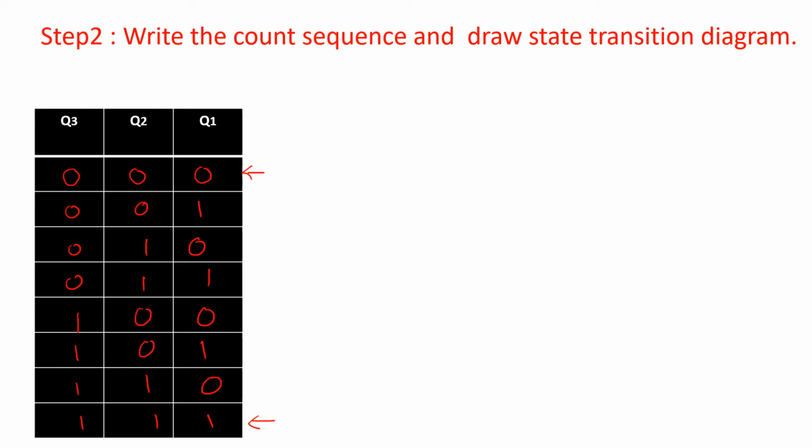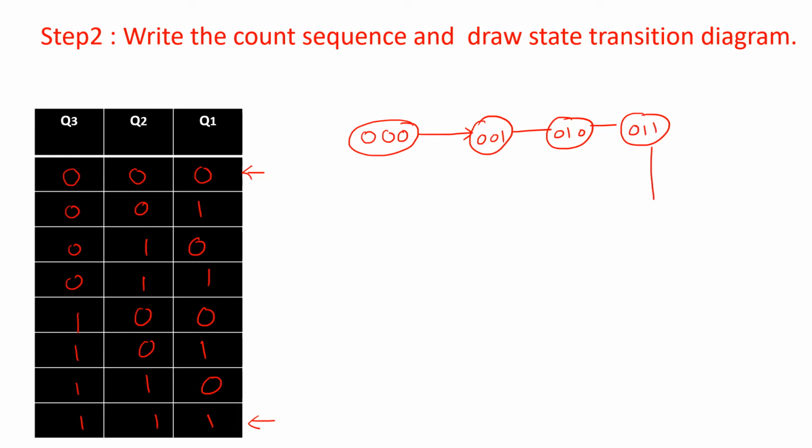The meaning of state transition diagram is that the first state of the counter is 000. Next state we want it to be 001. Then next we want it to be 010. Then 011.